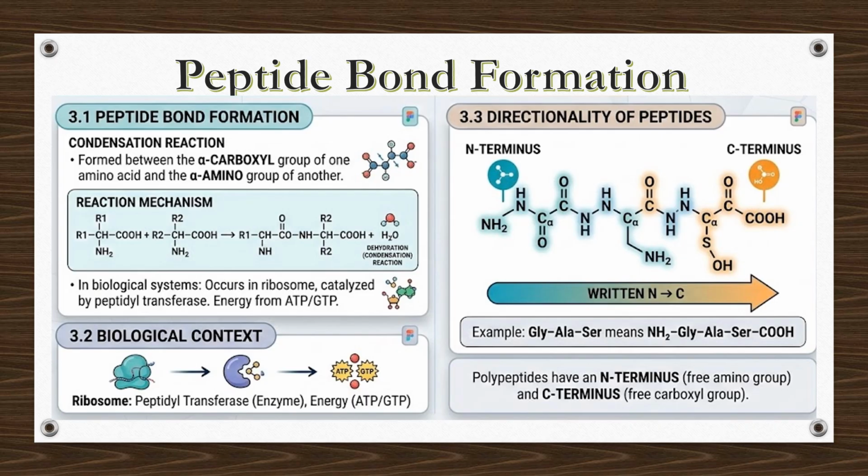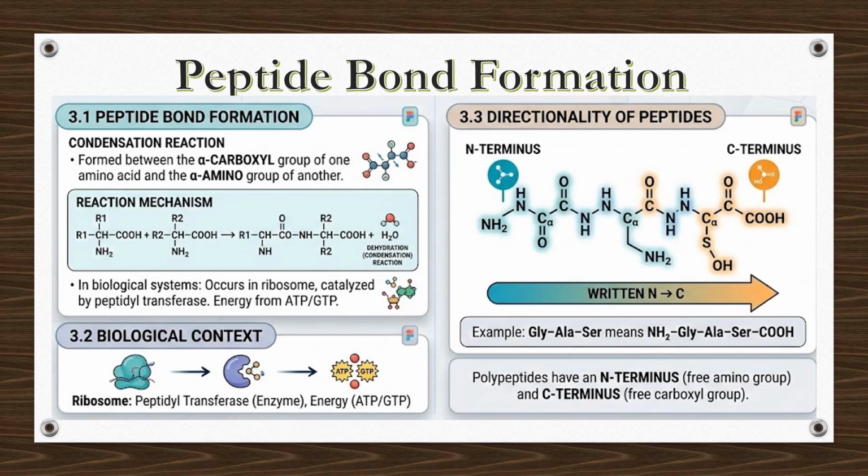Amino acids are first activated as aminoacyl tRNAs, and the energy stored in this linkage drives peptide bond formation. The ribosome's peptidyl transferase activity ensures precise positioning and catalysis, extending the growing chain one residue at a time.